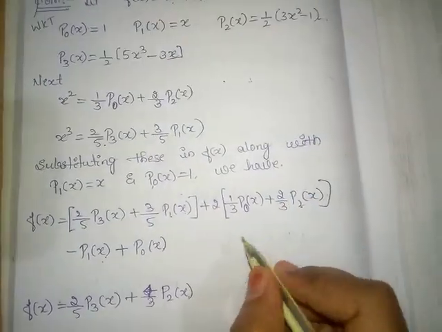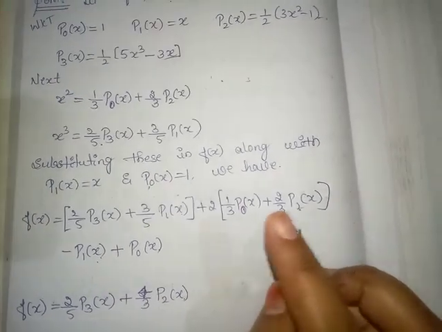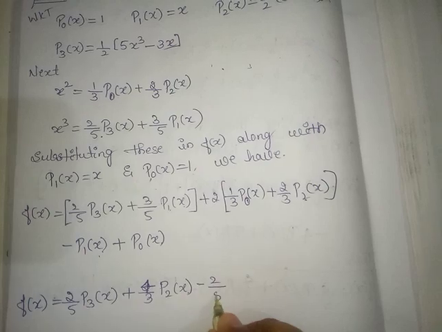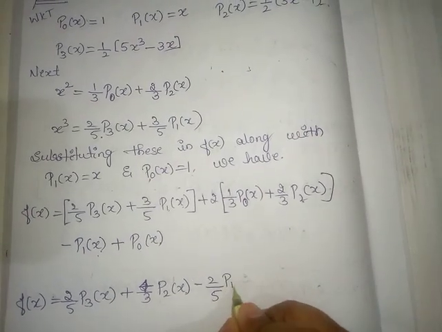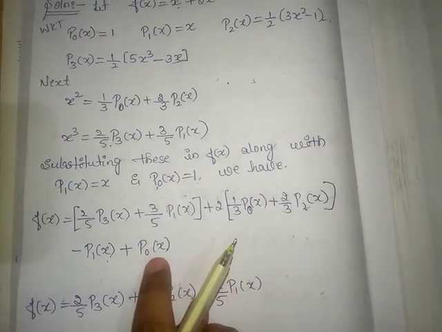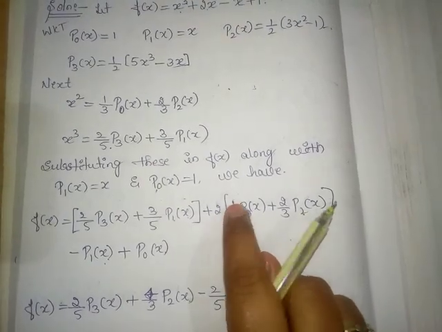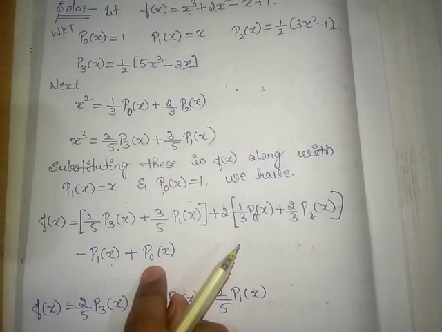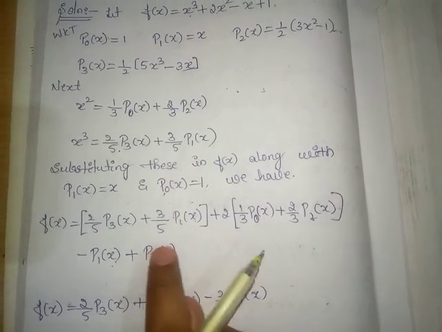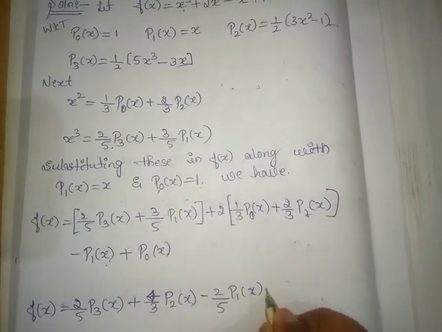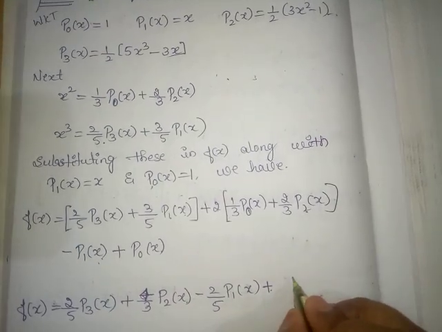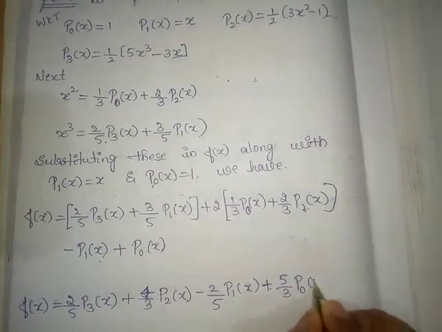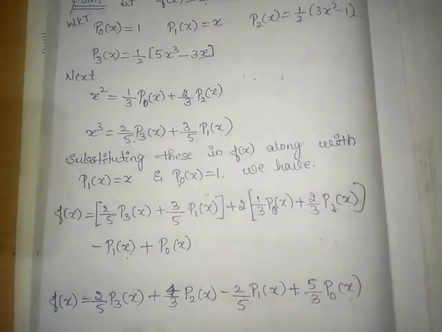Therefore 3 minus 5 means minus 2, so minus 2 by 5 P1 of x. And here we have P naught of x: 2 by 3 plus 1 means 2 plus 3 divided by 3, 2 plus 3 is 5, so 5 by 3 P naught of x. Right?